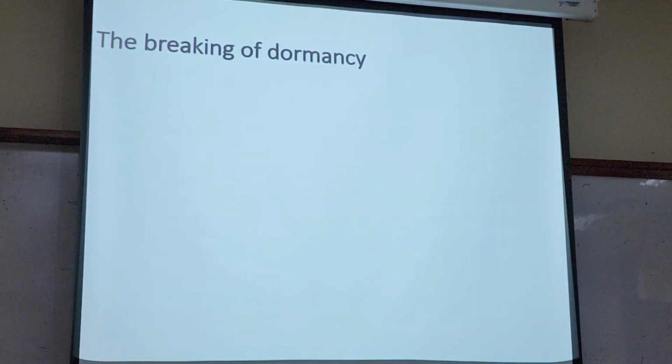Right, okay, so let's see. How can you break dormancy? Remember, dormancy is basically the seeds are put to sleep. Dormancy can take place in any organisms if they are able to do dormancy. The polar bear hibernating is a form of dormancy.